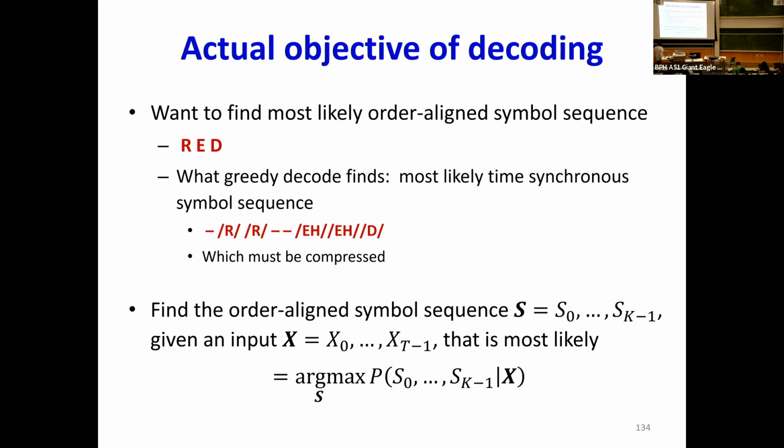You want to pick the compressed symbol sequence, whose length we do not know, that has the highest probability given the input. This is the actual inference problem that we would like to solve. And our problem is that we don't know how to compute it because the number of those sequences is exponentially large.